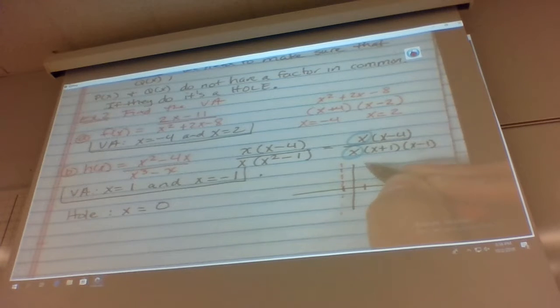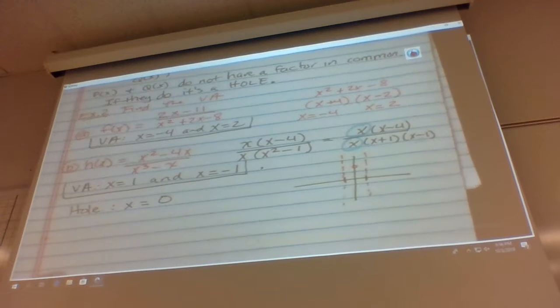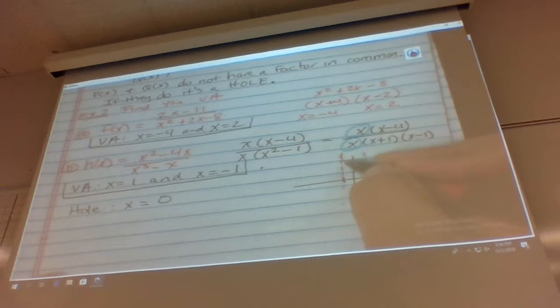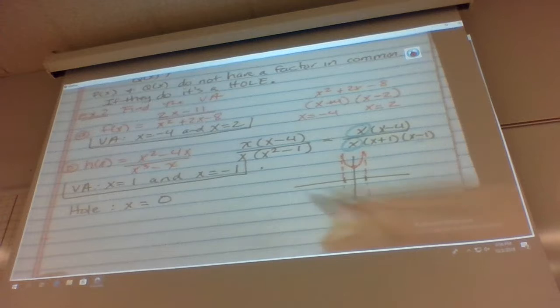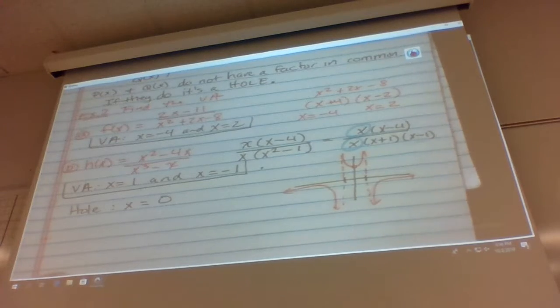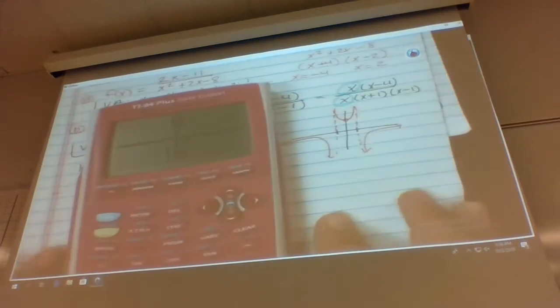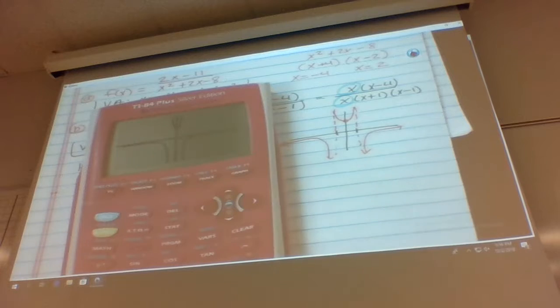It is hard to see on the actual graph, but that is exactly what happens. They call it a hole because it's an open circle, a hole in the graph. And this tells you it's a hole because you have the same factor in the numerator and denominator.